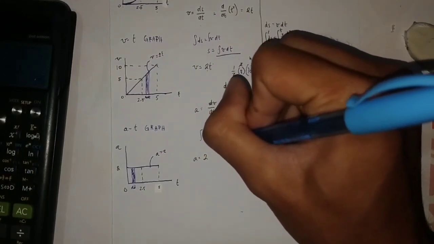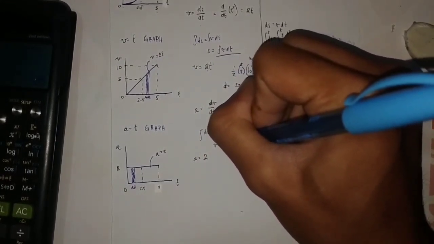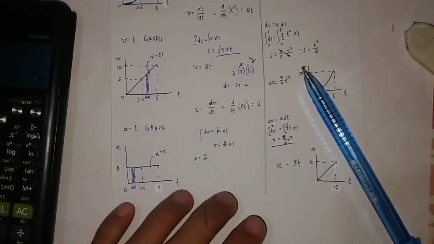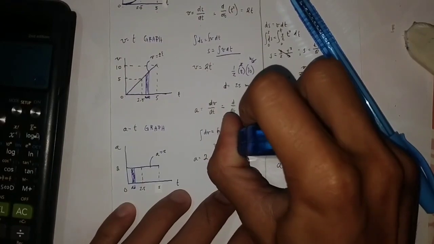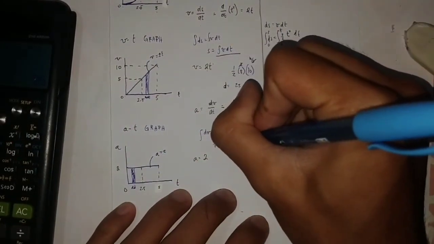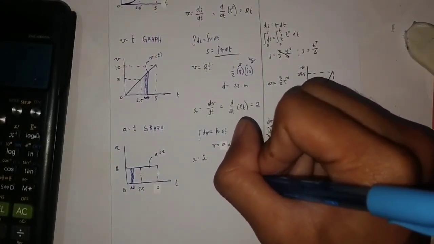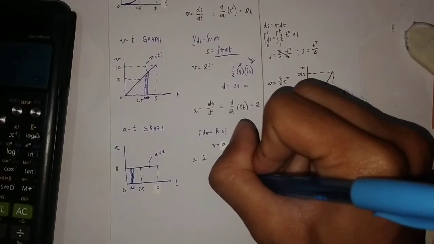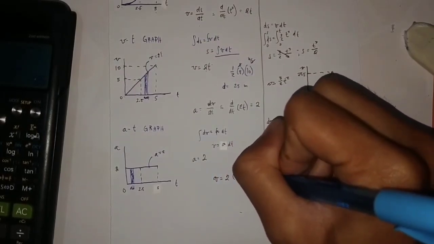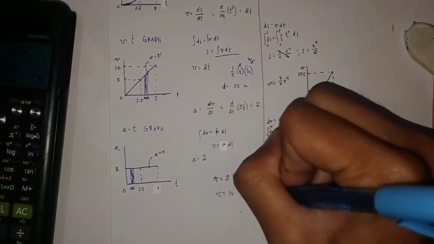Integrate this, we have v is equal to the integral of a dt. In this graph, as you can see, we also have a geometric shape, which is a rectangle. The area of a rectangle is just base times height, so the velocity is equal to 2 times 5. The velocity is equal to 10 meters per second.